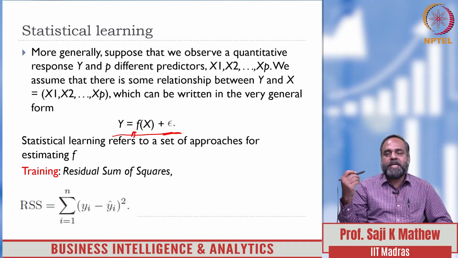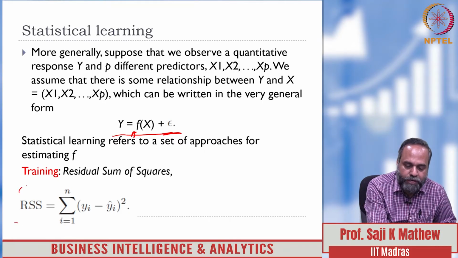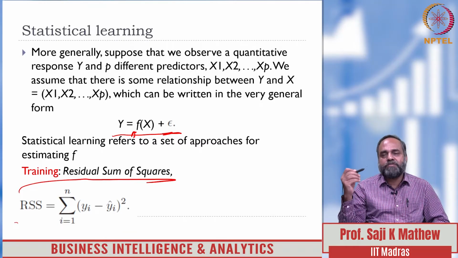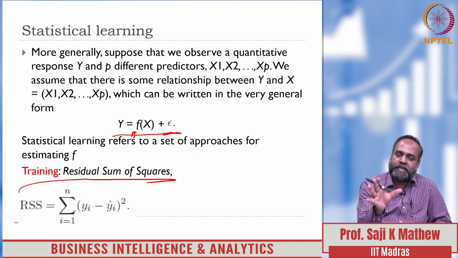And statistical learning, as I already explained, is a part of machine learning, where statistical techniques are used for estimating the value of f. And we already understood residual sum of squares. Residual sum of squares is the sum of squares of the error when you fit a model to a set of data.